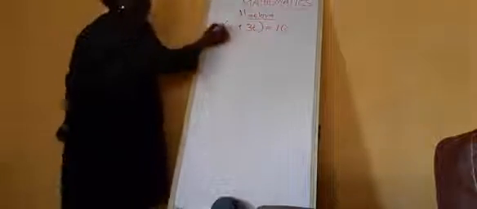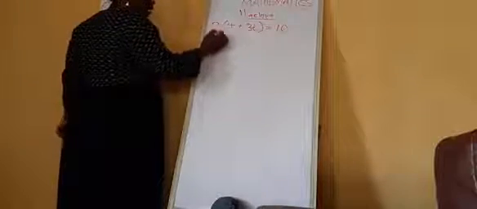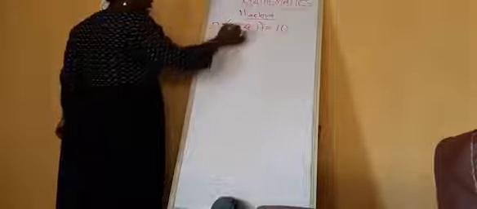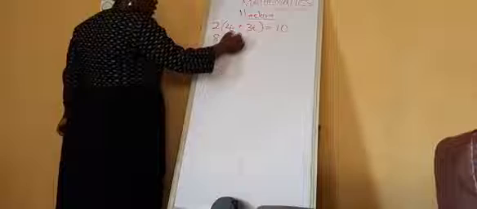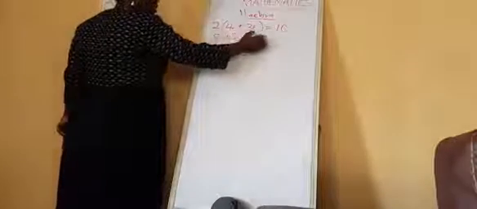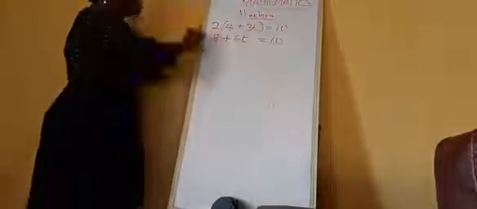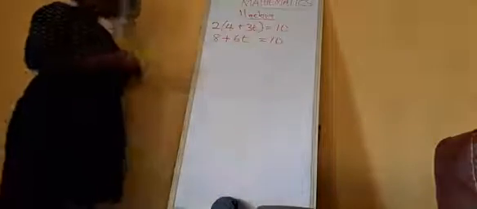So 2 times 4 is 8. Then plus, make sure you write the sign. 2 times 3t will give you what? 6t is equal to 10. Please don't make any attempt to multiply this 2 by this. This 2 will only affect the numbers in the brackets.